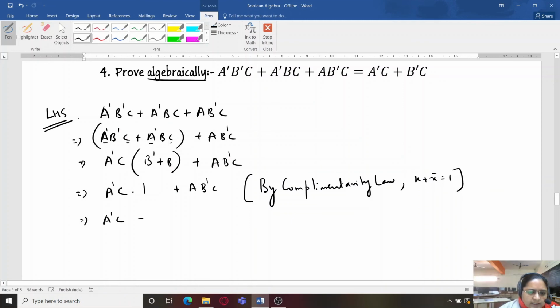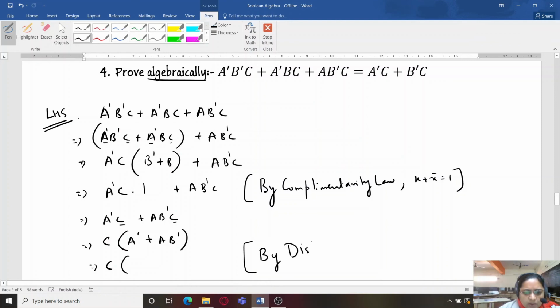Now we have A'C plus AB'C. And from here we can take C as common. So we'll take C outside: A' plus AB'. Now this A' plus AB' can be expanded by using distributive law, that is x plus yz equals (x + y)(x + z).